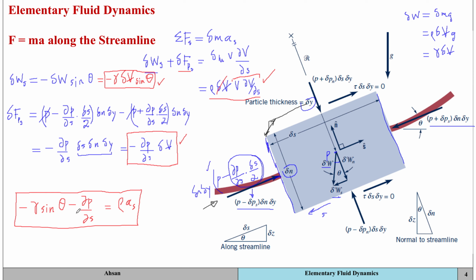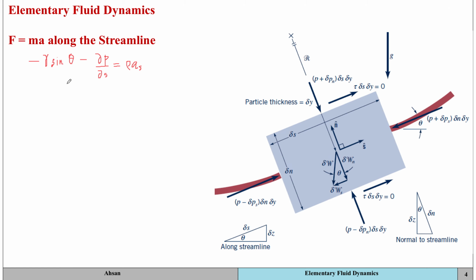But in a flowing fluid, the right-hand side of this equation is not zero, so the pressure and the weight forces don't balance each other out. And because of this unbalance, an acceleration is produced within the fluid particle, and that means that the fluid motion is then produced.